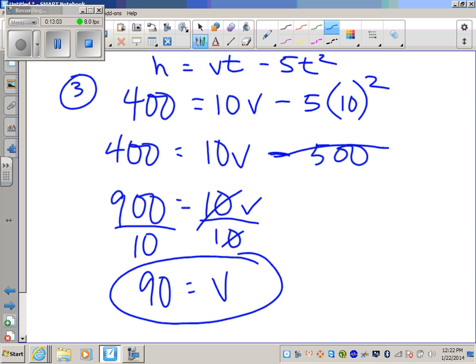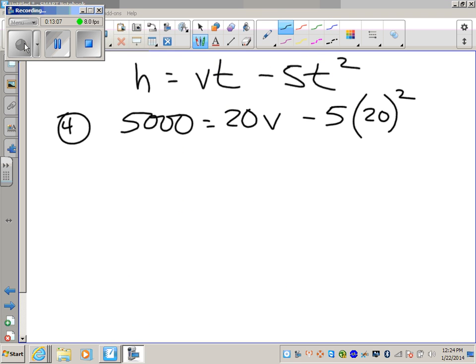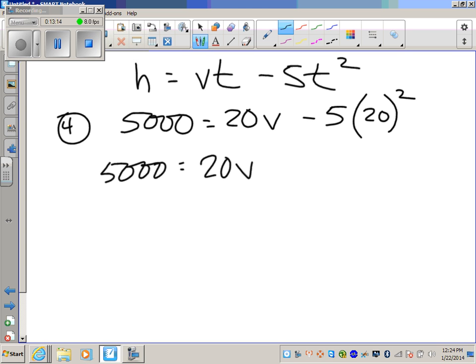Try number 4. All right. So here we go. 5,000 is our height. Can't do anything with it yet. 20v, can't do anything with it yet until we clear this up. 20 times 20 is what? 400. 400 times 5? 2,000.